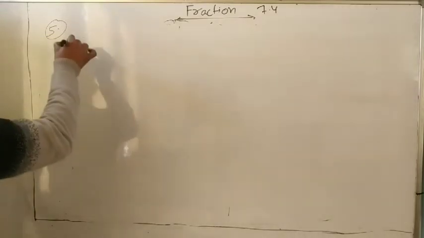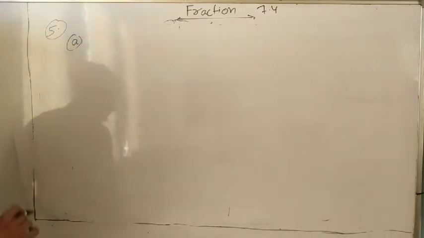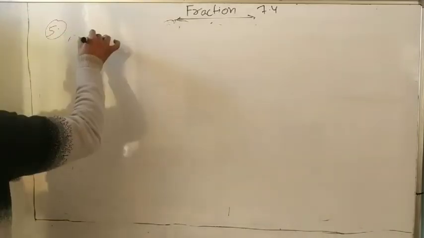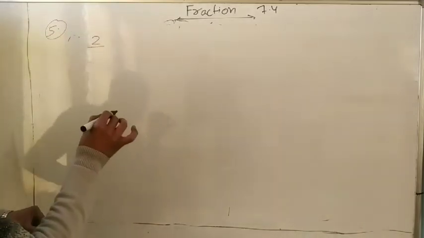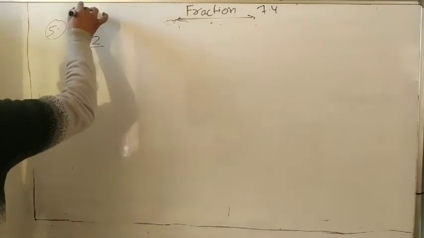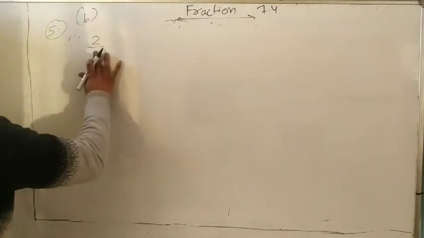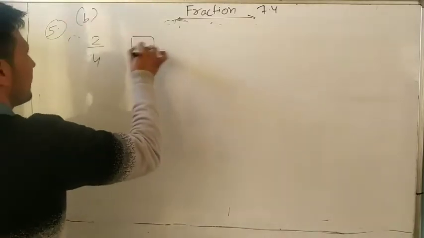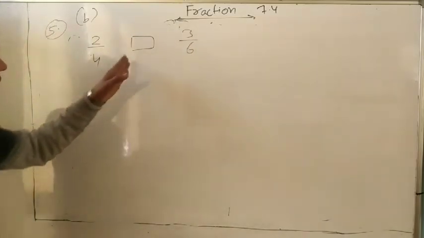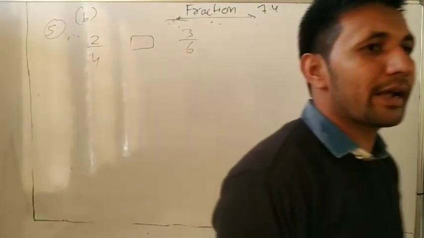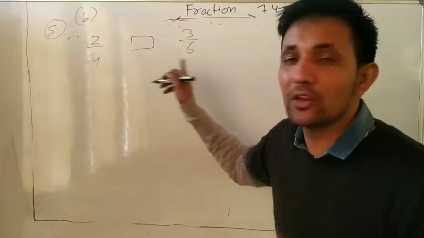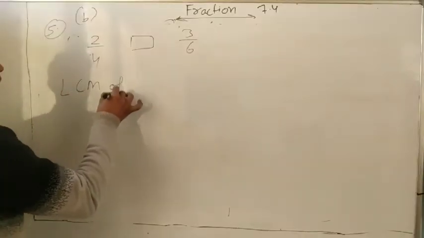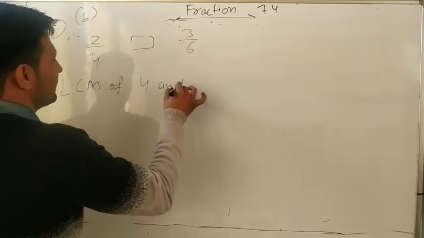For part B, 2 by 4 and 3 by 6. We know they are unlike fractions, so first we will make the denominators the same. How will we find it? First we will find the LCM of 4 and 6.